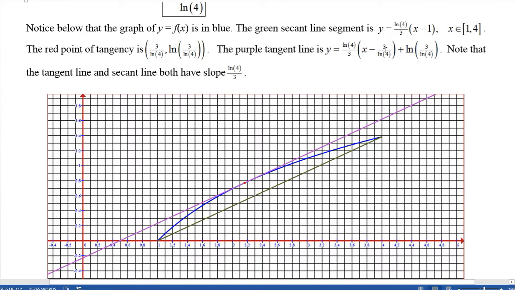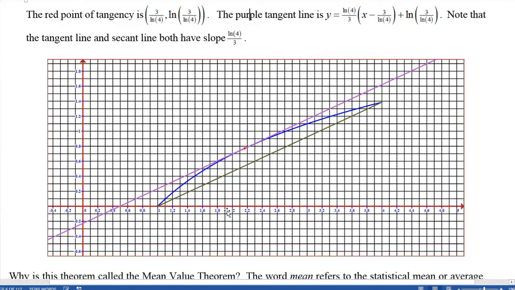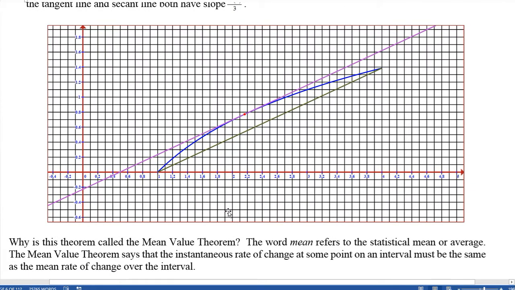The x minus x sub 0 is in parentheses, the y sub 0 is over here, and the slope m is here. That's the point-slope form of a line through that point with the proper slope. And we see that the purple line is the tangent line there, and it is parallel to the green secant line.